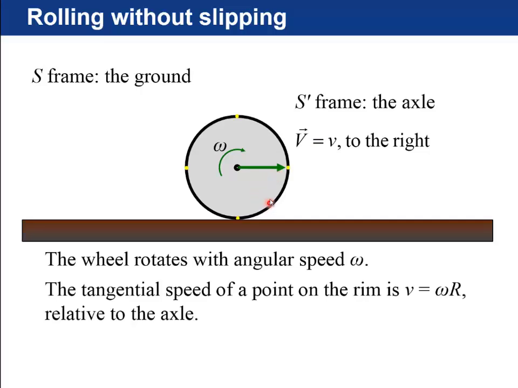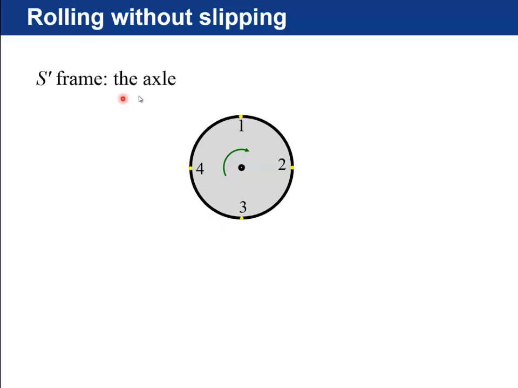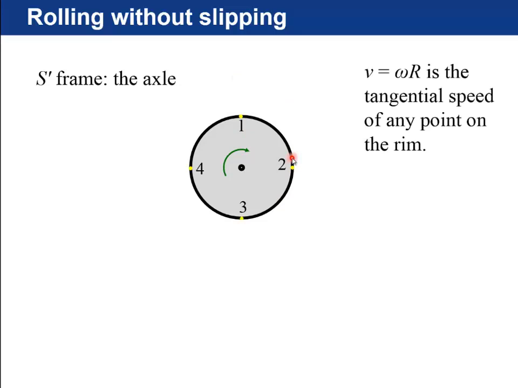The tangential speed of a point on the rim is going to be omega times r relative to the axle. But with rolling without slipping, the axle is moving at this speed v towards the right. So we're going to look at this S prime frame, which is the axle frame of reference, and look at these 4 points.